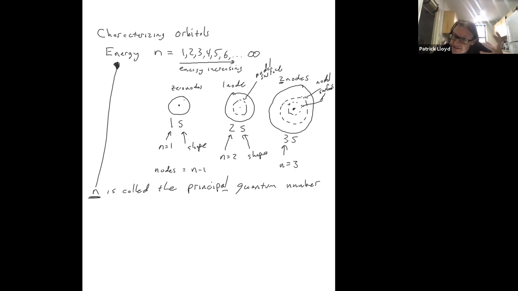We are also sensitive to those higher frequencies, but less. They tend to be less powerful than the fundamental frequency, right? These are overtones to the fundamental frequency. Okay, so it comes out of the calculations of physics you would do with waves. Okay, so that's the principal quantum number.